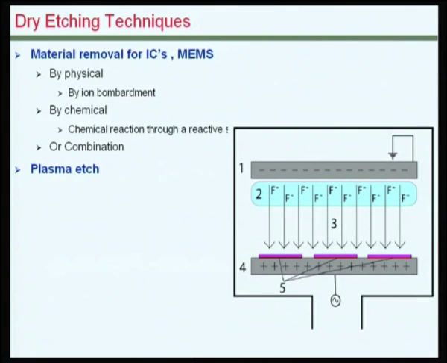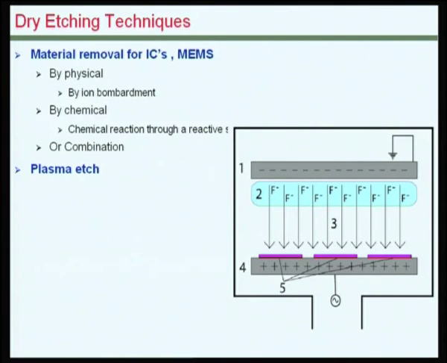In the case of etching, what we do is instead of the target, we keep the wafer at the cathode. So, these incident ions would displace atoms from the surface of the wafer.